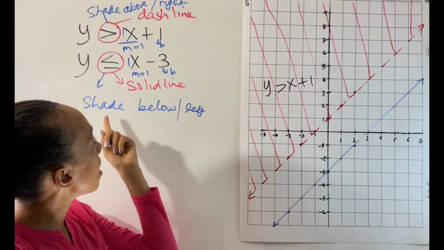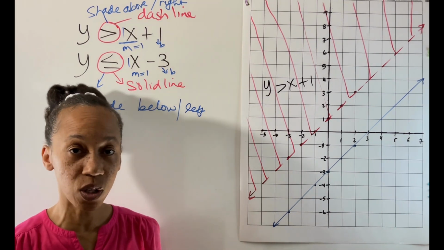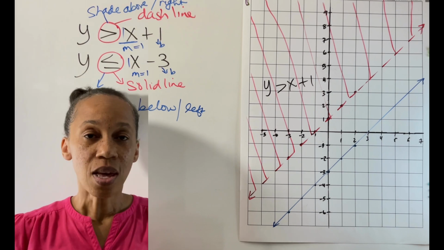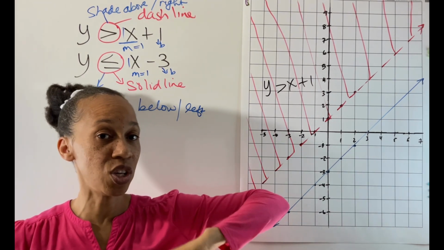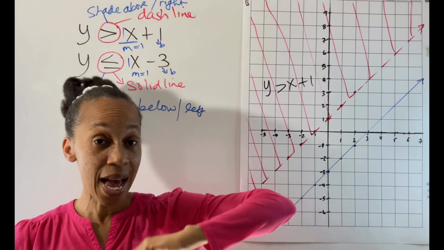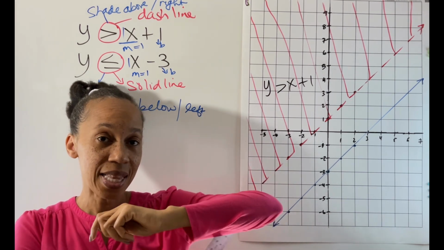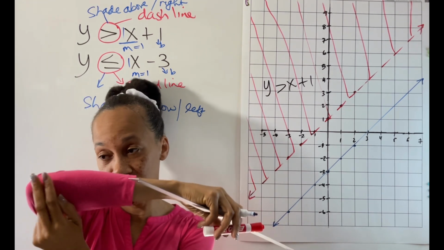You will notice here that your inequality symbol is less than or equal to, meaning that you are going to shade below or to the left. If you are a right-handed person, this is your less dominant hand, and therefore this simply means that this is less than. Right-handed person, this is your dominant hand.